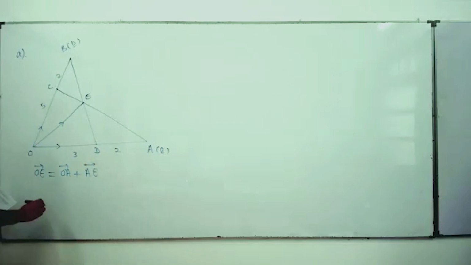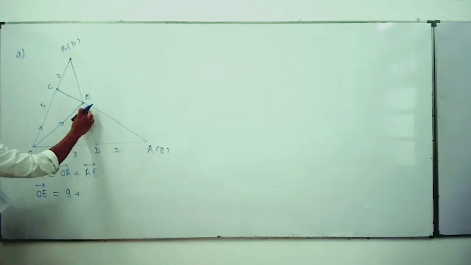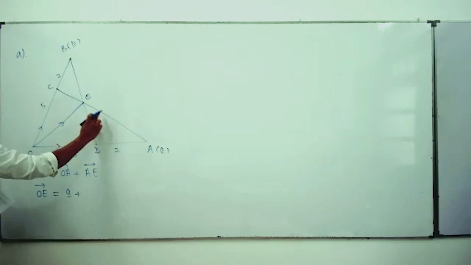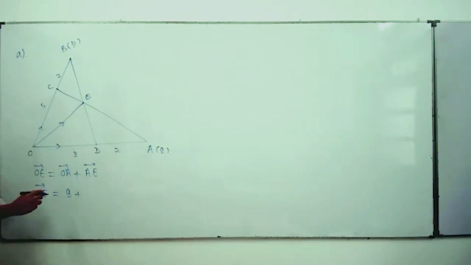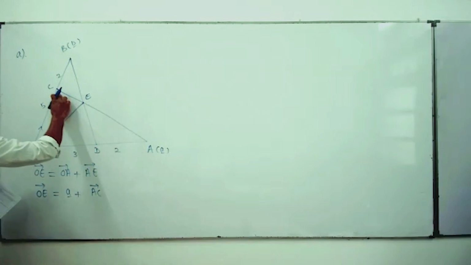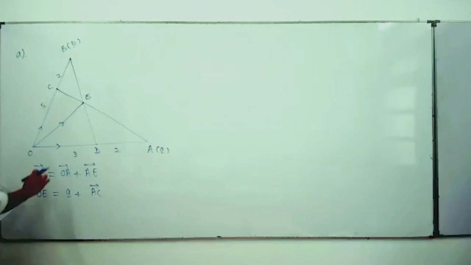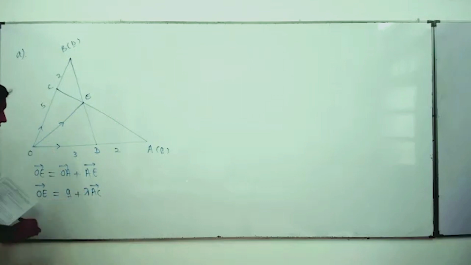Now this OE vector, we can write OA vector is simple A, plus AE vector, you can write as a fraction of AC vector. That means when we take some fraction of the AC vector, we get the AE vector. That number I write as lambda.